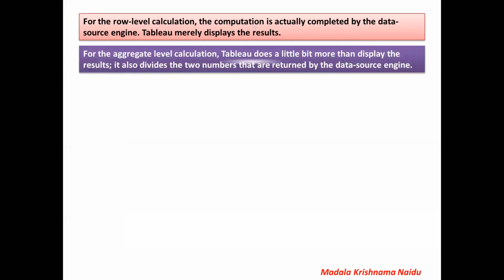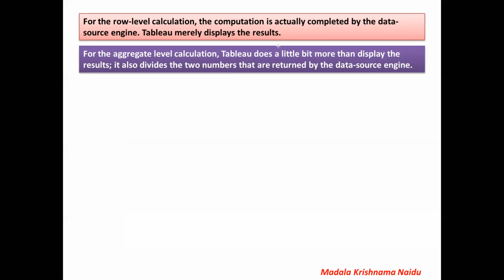Now we'll see aggregate level calculations. Whenever you are doing aggregate level calculations, on the data source side it is going to take the sum of sales and the sum of profit. Whenever you drag that calculated field into Tableau, before displaying the result to us it is going to do some modifications.